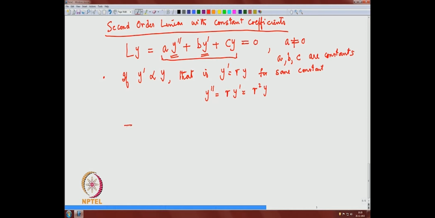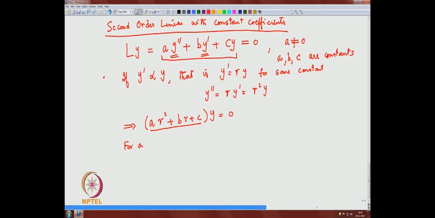So, if you substitute, that immediately tells you that you get (a r square plus b r plus c) times y equal to 0. Definitely a r square plus b r plus c is a constant, and you want y. Of course, if y is identically 0, this will be satisfied, and y identically 0 is a solution to your homogeneous system. But what we are interested in is a non-trivial solution.